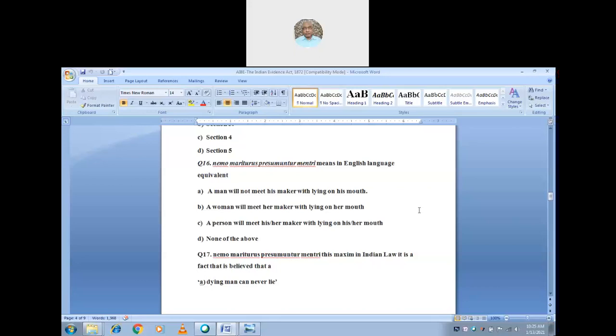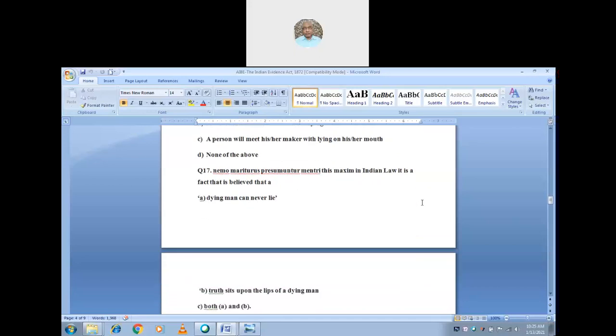That is the exact English translation. Here I said a man, but in the second option I say a woman, in the third a person, and the fourth none of the above. The answer is that a man will not meet his maker with lying on his mouth.